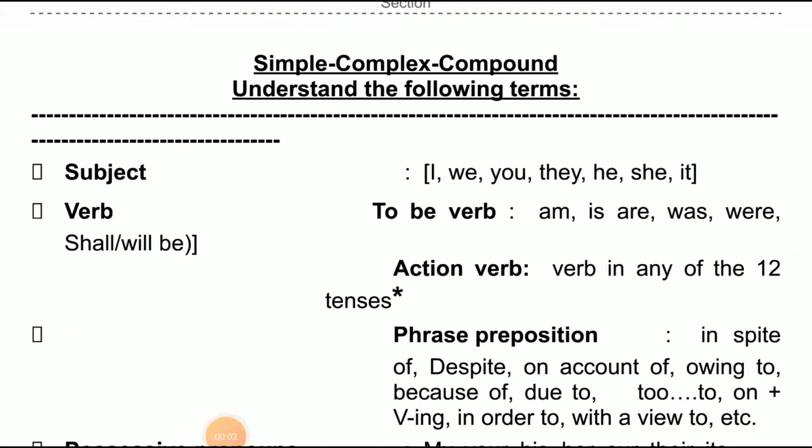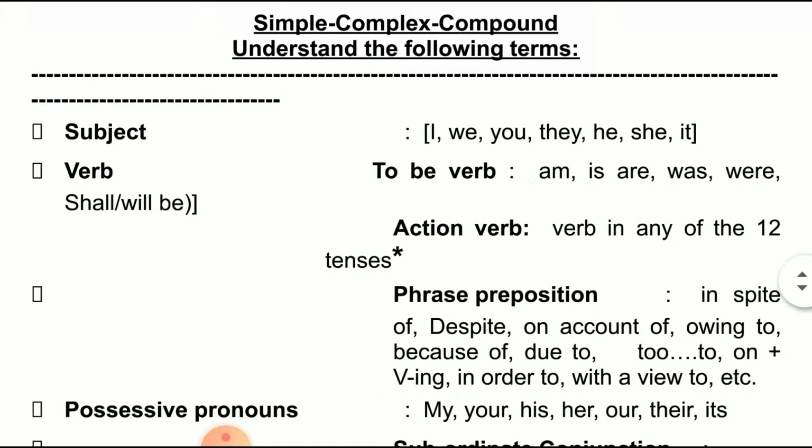Today, we are going to start a new topic, and the most important one, that is simple, complex, and compound sentences. Now, over the years, the problem that the students find with simple, complex, compound is because of the terms that they don't understand.